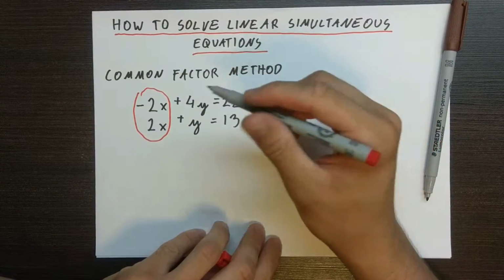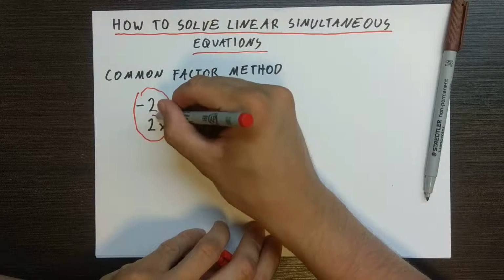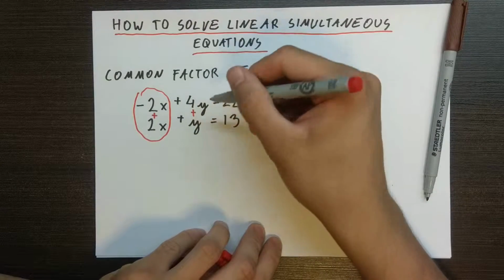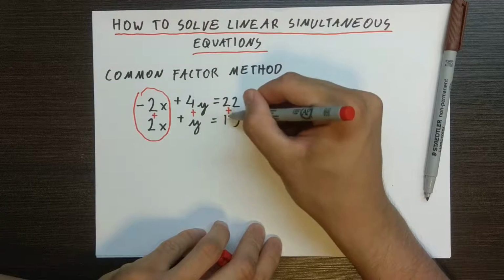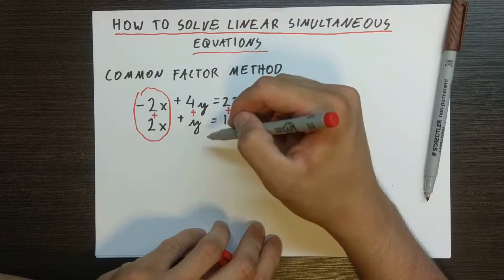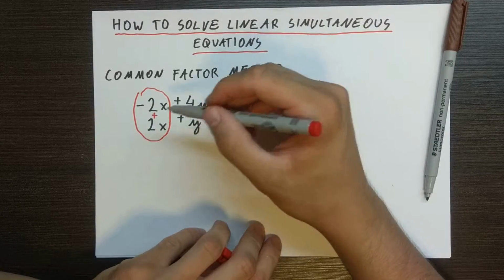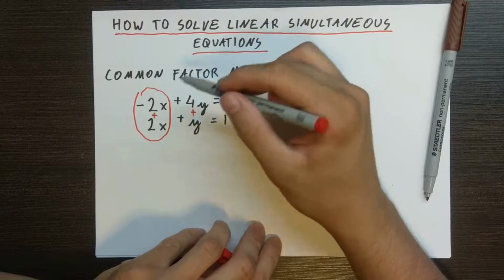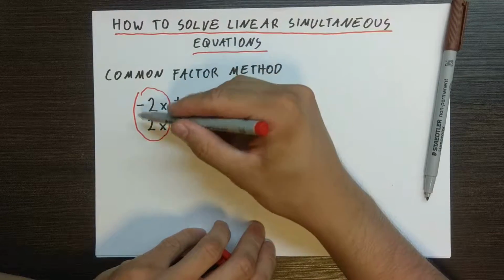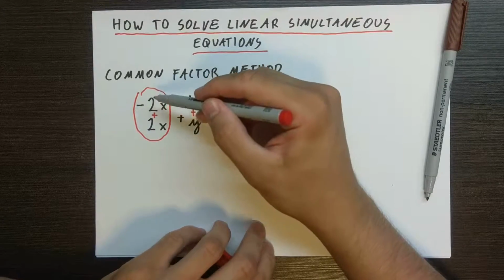So how do we do this? We just add every single term. So we add these two, we add these two, and we add these two. We can add together equations, or we can subtract equations one from another, depending on what will help you cancel out one of those terms. In this case, we'll be adding, because this is what makes sense. This is what will give us 0 in this case.